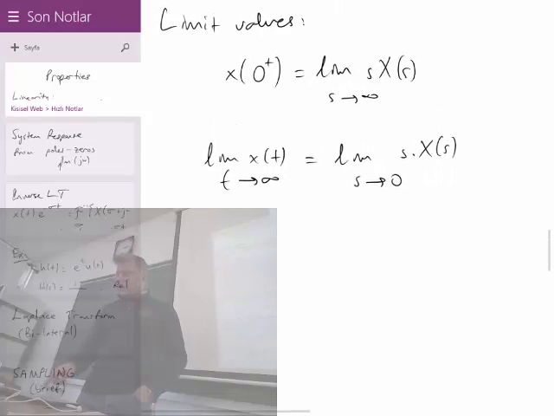Unfortunately, the limit values don't help us solve problems other than the problems themselves. I may give you the X(s) polynomial-over-polynomial form, and I can ask you what is x(0). Then all you need to do is multiply the polynomial ratio with an s and take s to infinity, and see what the value of that is.